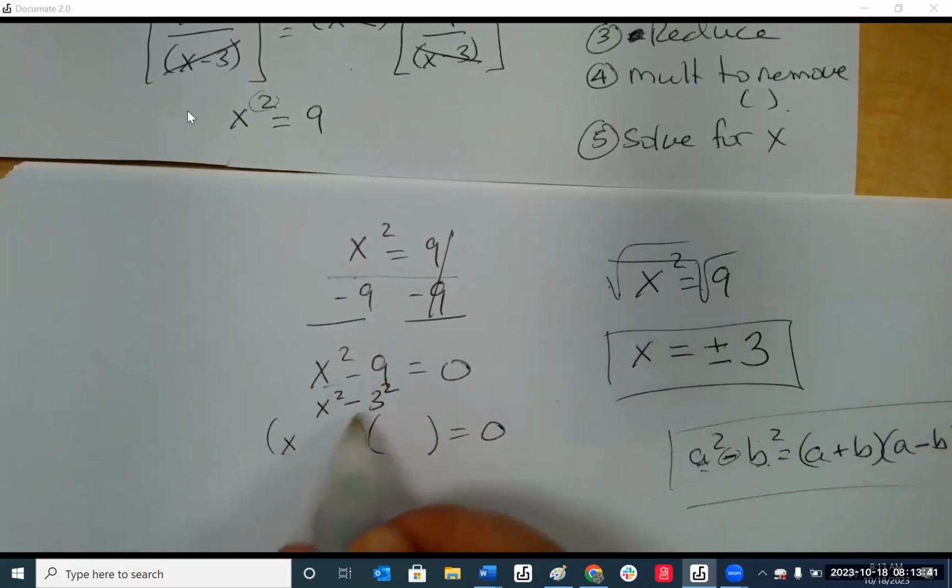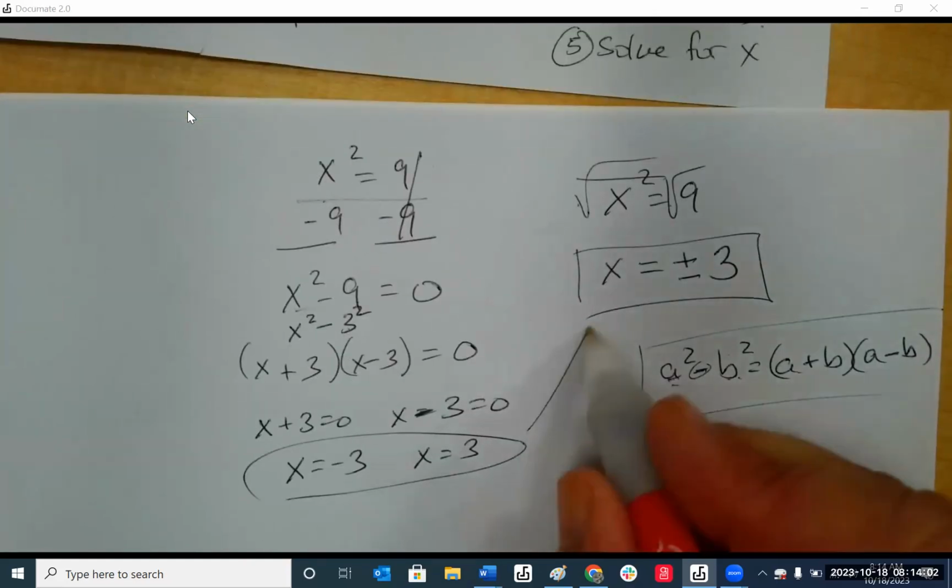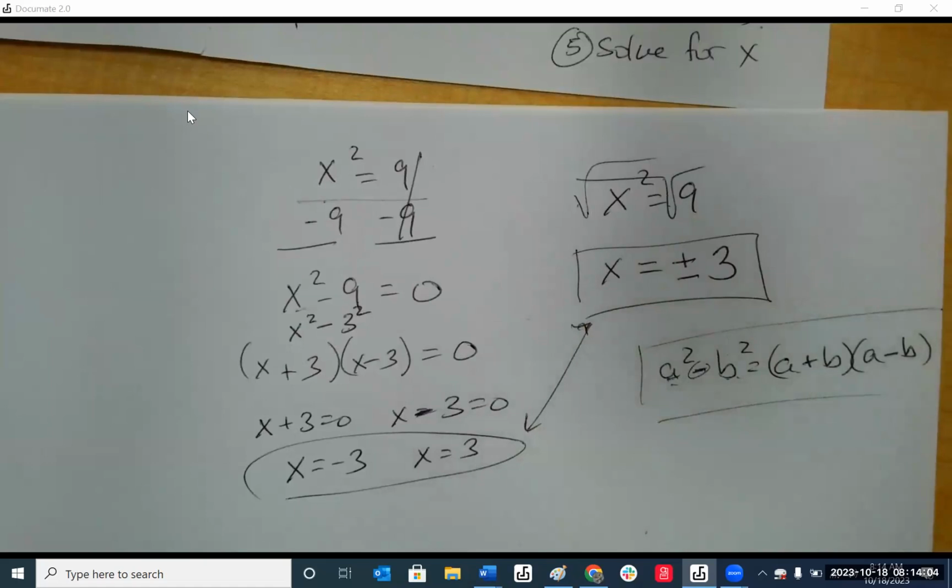So we have x and 3, x and 3, one's plus, one's minus. Set them equal to 0 and solve. Which is what that says.